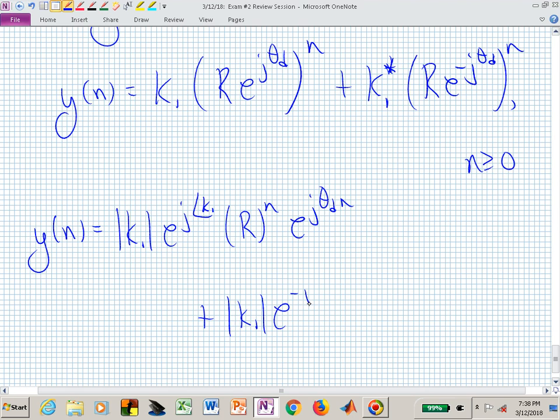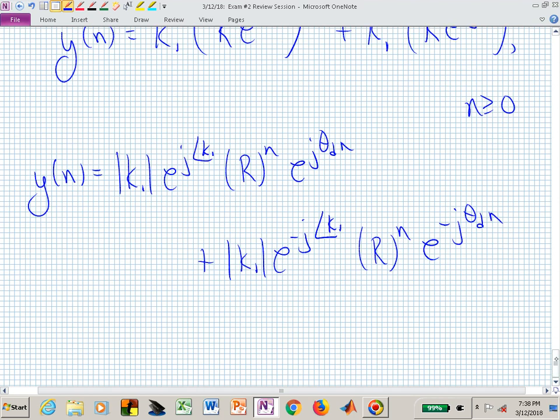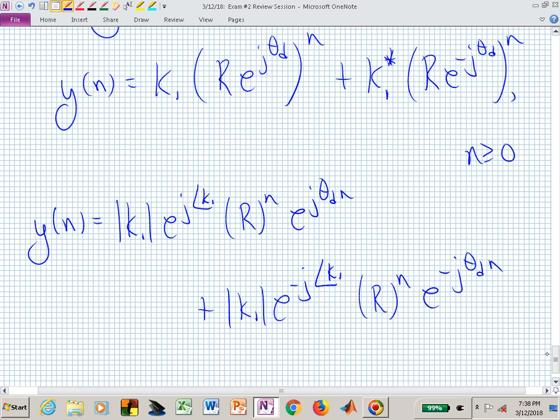Its angle is now e to the minus j K1, r to the n, e to the minus j theta sub d n. Are we okay with that step? We're just using the fact that K1 is complex, and we're writing it as magnitude e to the j theta for K1.